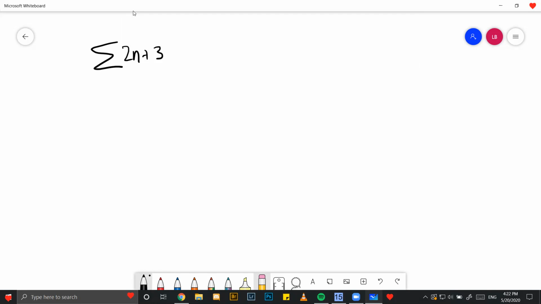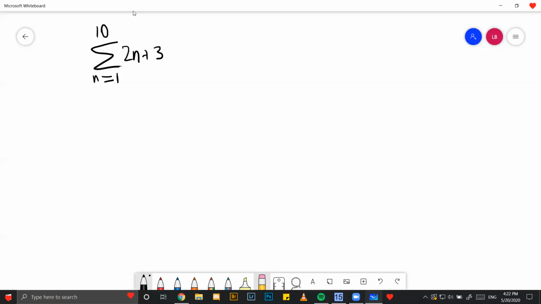The instruction is that you need to take this formula, which has some variable inside of it, n. You're going to start adding at n equals 1, and you're going to go up to some number, let's say 10.